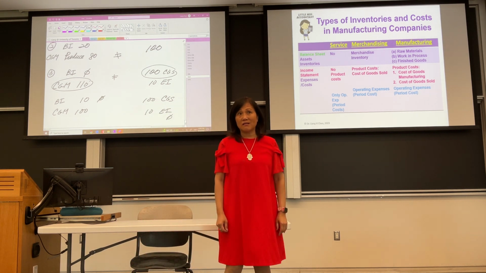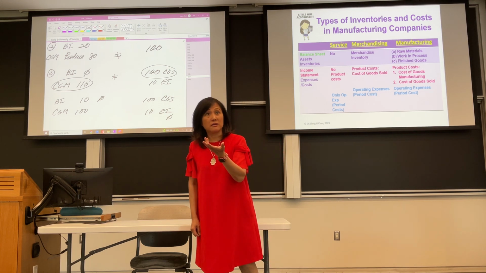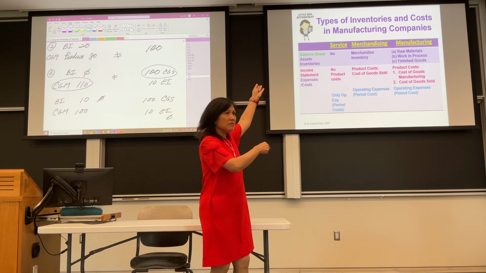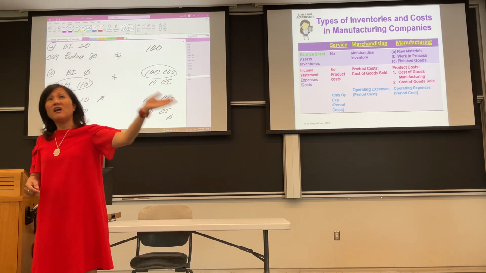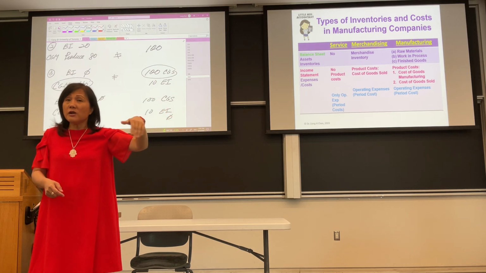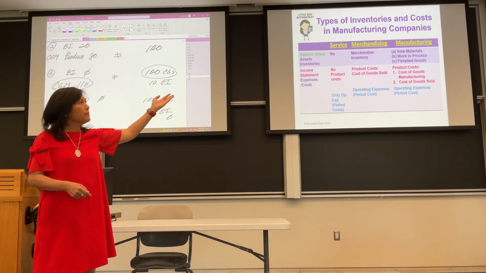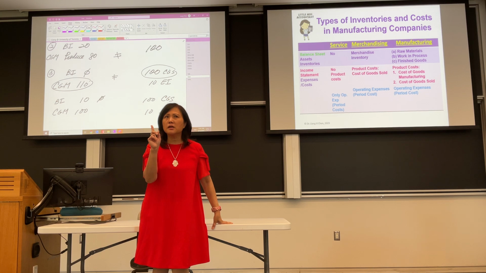Manufacturing business is more complicated. You make the product. What goes into making a product? You have material. If material is all used up in production, you don't have any left over. But if you have leftover, you have material left over in inventory. Now work in process, incomplete product.